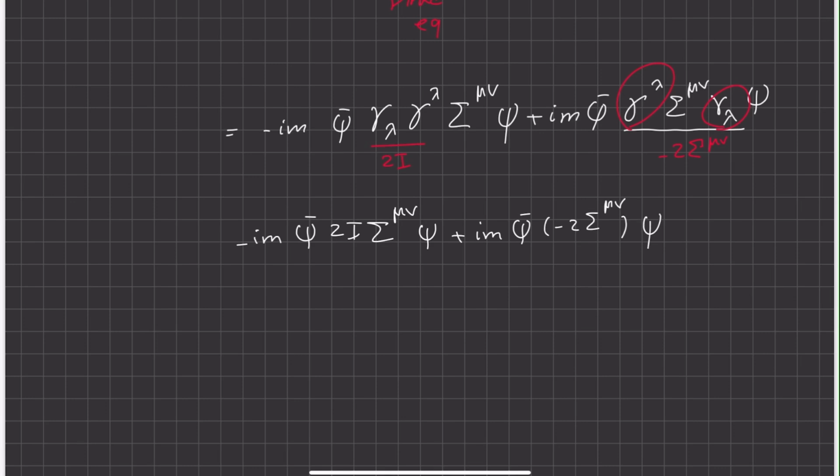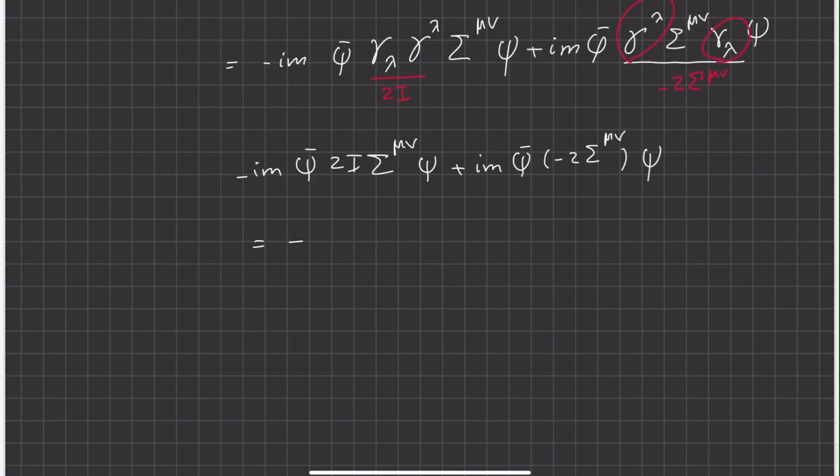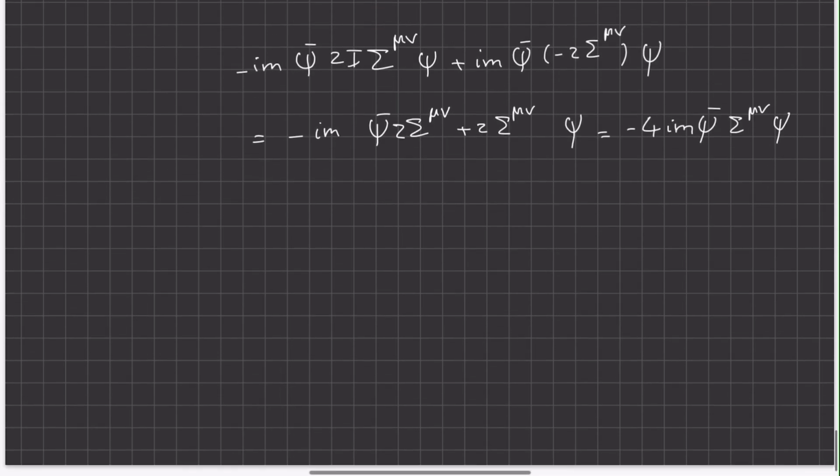psi, and then I'm going to have minus i m psi bar sigma mu nu. So there is a 2 term here, plus 2 sigma mu nu psi. And then I'm going to have minus 4 i m psi bar sigma mu nu psi. And that is equal to the derivative of the spin current.